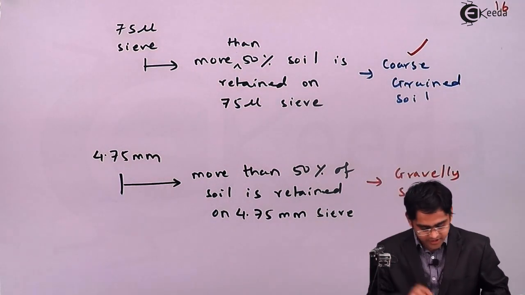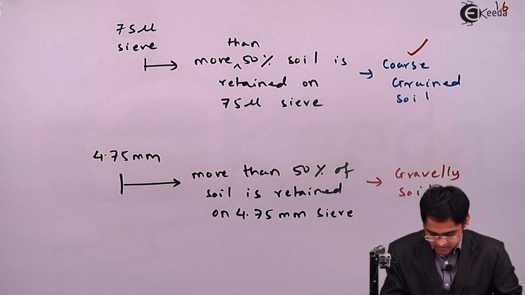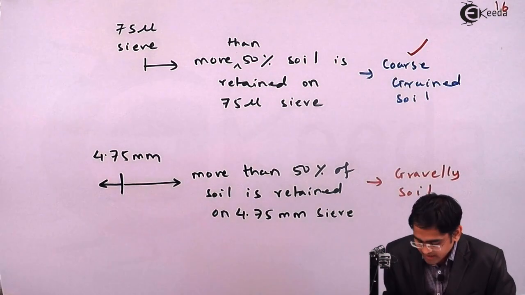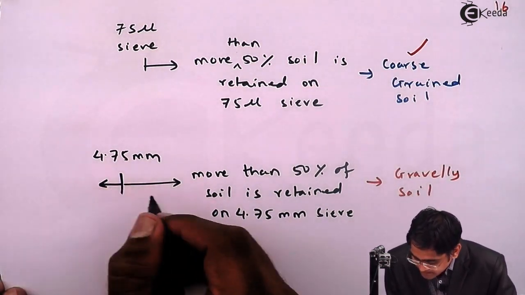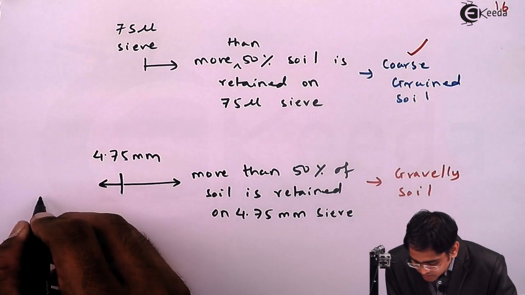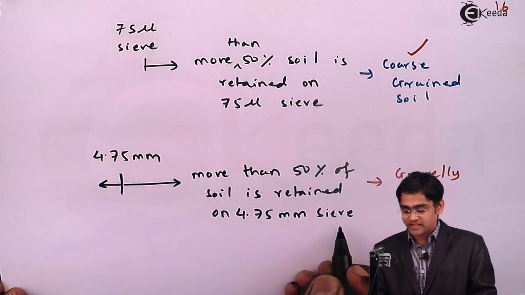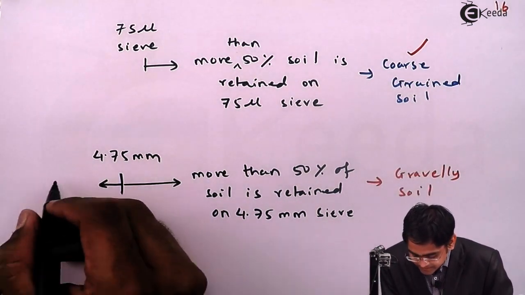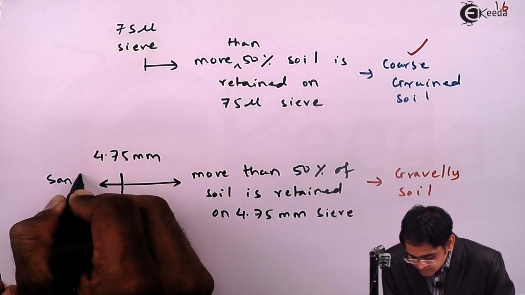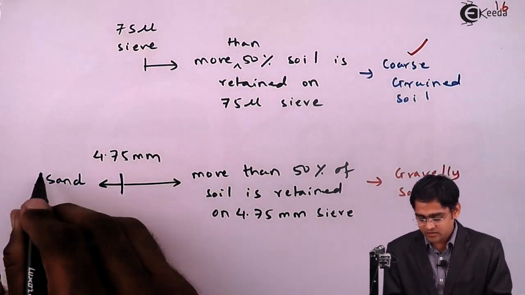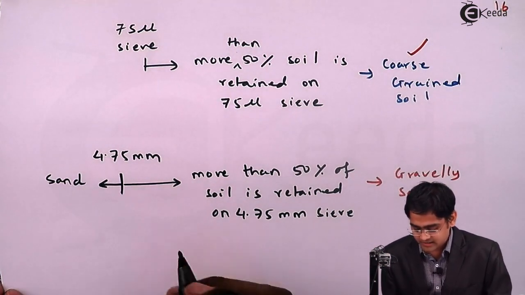And if this condition fails, and vice versa, if more than 50% of the soil is passing through the 4.75 mm sieve, then you will classify the soil as a sandy soil.